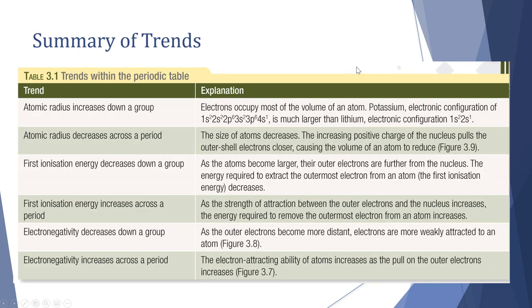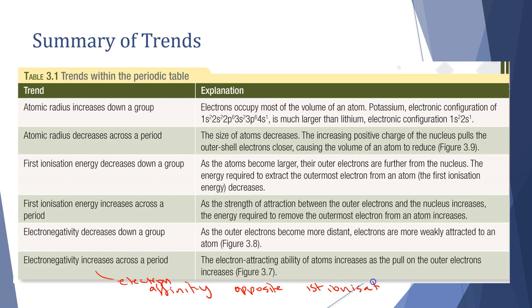The physical trends that we have discussed are the atomic radius, the first ionization energy, and electronegativity. There is one that I'd like to add in here, which is electron affinity. Electron affinity is the opposite of first ionization energy.